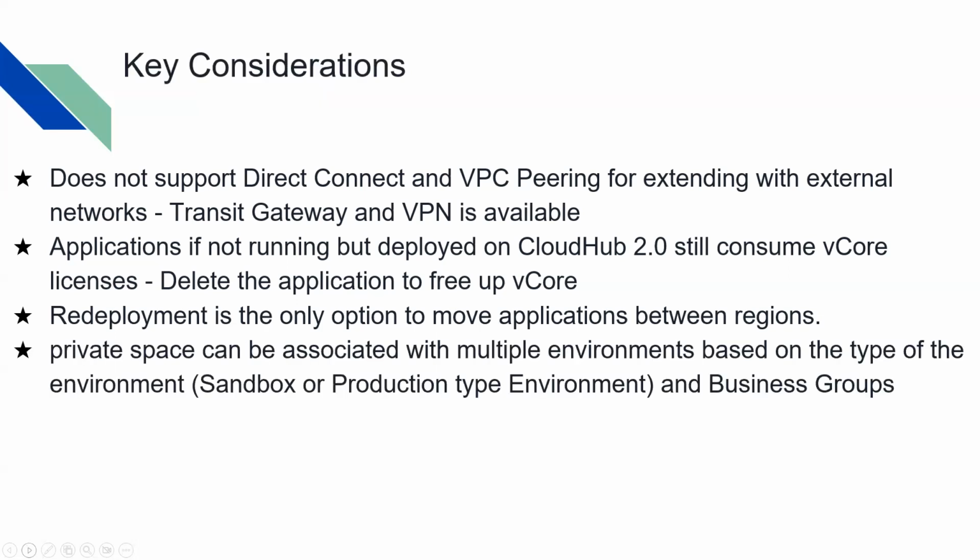Then a private space can be associated with multiple environments based on the type. In CloudHub 1.0, when we create a VPC, we can define the environments, not the environment type, but the actual environment name. So I can add my dev environment or UAT environment or QA environment to a particular VPC.